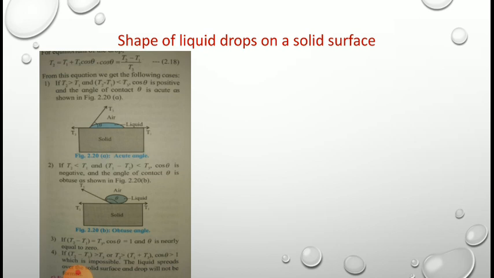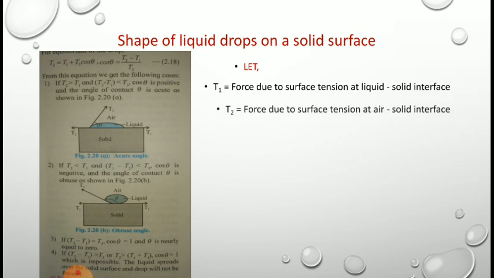In this diagram, let theta be the angle of contact for the given solid liquid pair. Let T1 be the force due to surface tension at the liquid solid interface. Let T2 be the force due to surface tension at the air solid interface.